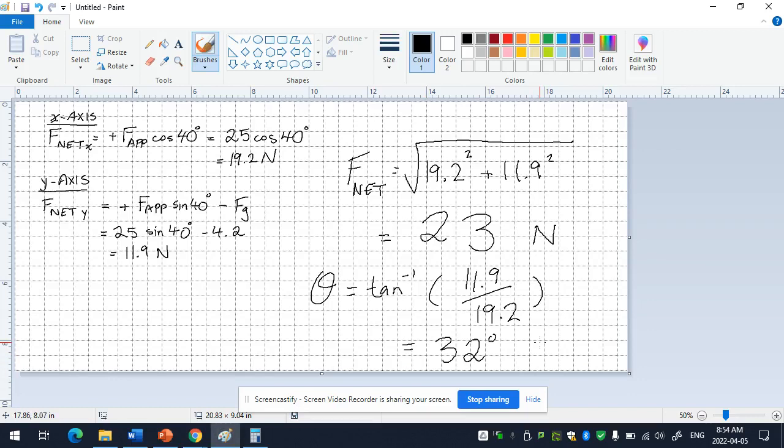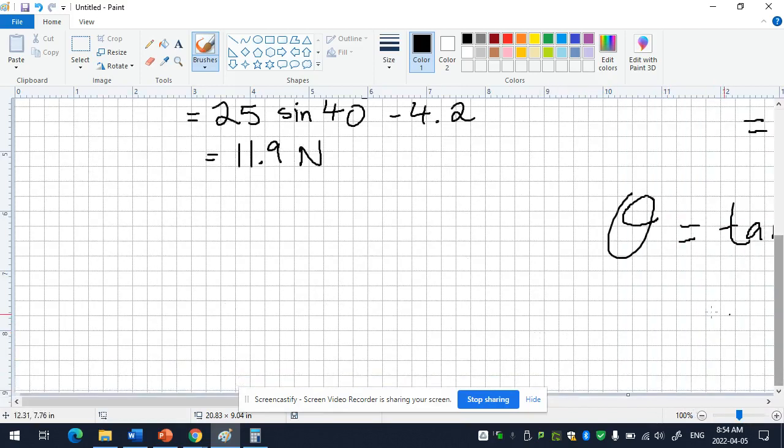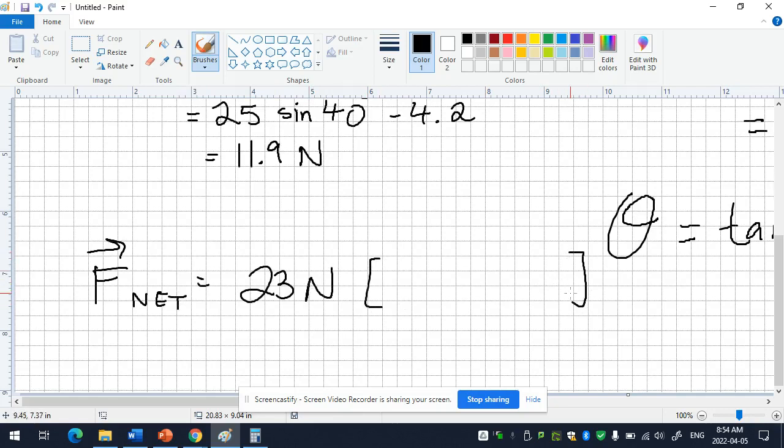Therefore statement, if you want to do it, it has to look like this. F net as a vector equals 23 newtons. Now, do we have north, east, west, south here? No, we don't. We have X and Y, like forward, backward, upward, downward. However, my angle was above the horizontal or below?